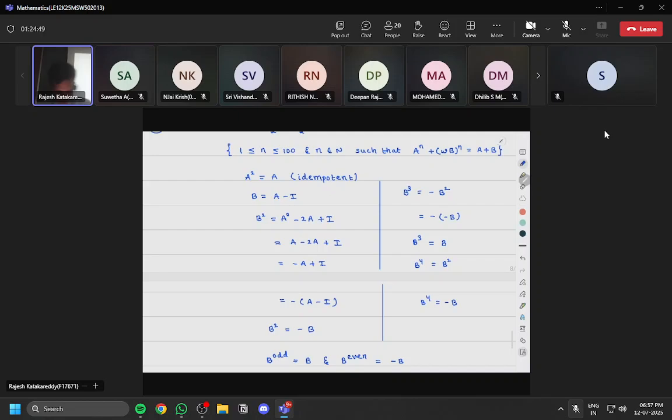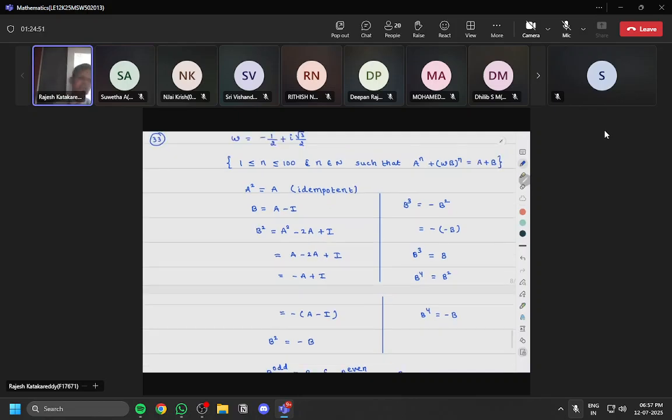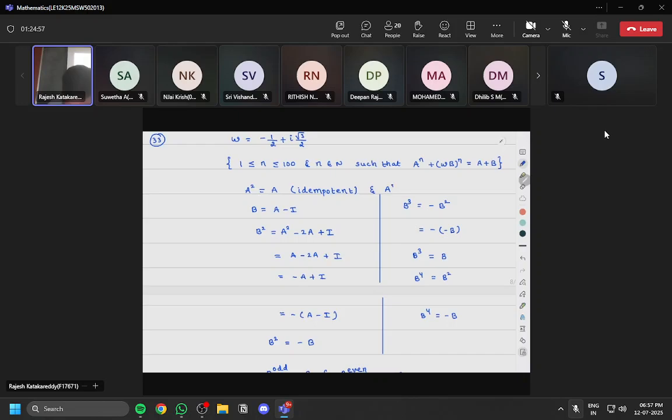Right? So for idempotent, I don't know whether you remember or noted, I have given there A to the power n must be equal to A for all n belongs to natural numbers. A square, A cube, A power n all must be equal to A. That is the property of an idempotent matrix.